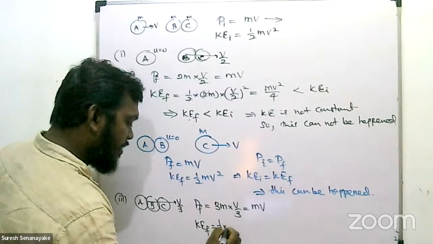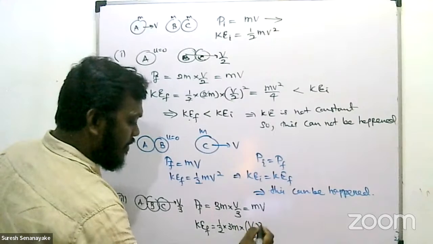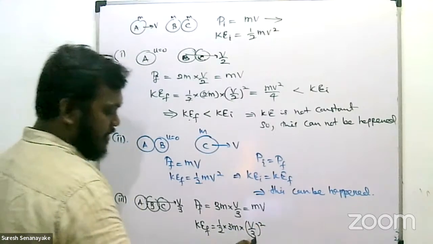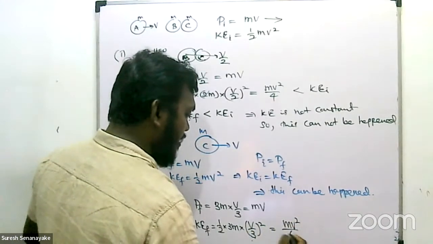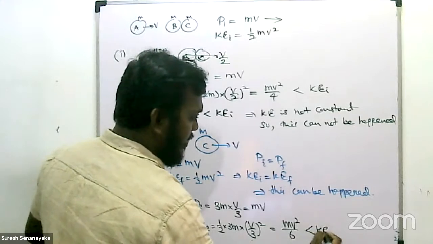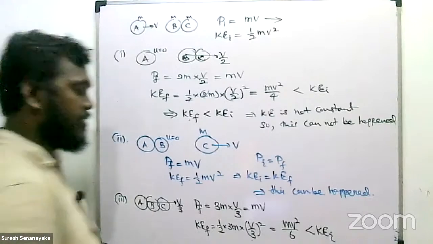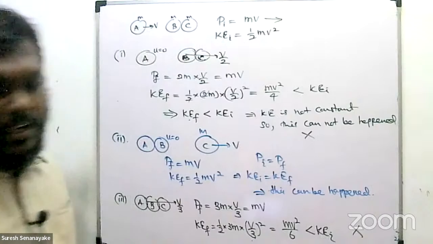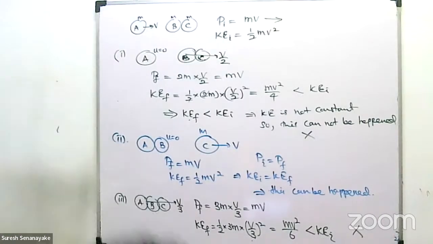Half, the 3m is the mass, velocity is v over 3 squared. Squaring this, that's v square over 9, divided by 3 into 6, that is mv square over 6. That's also less than the initial kinetic energy, so this cannot happen, and this one can't happen. Only the second case will be the probable situation there, right?